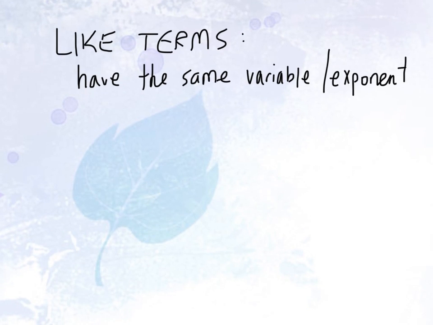Let's compare the term 4 to the term x squared. Now these ones, 4 and x squared, they definitely don't have the same variable. I mean, the term 4 itself doesn't even have a variable, and the other one is x squared. So these are not like terms.